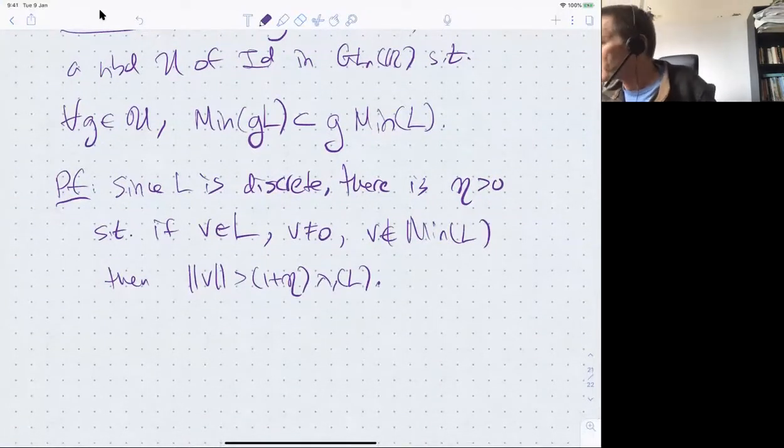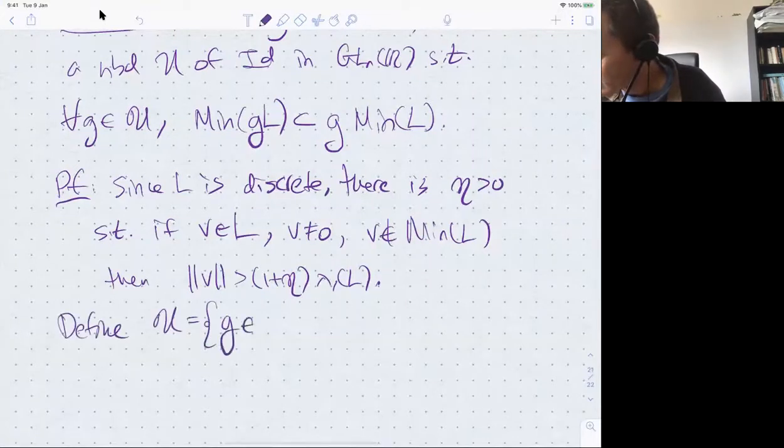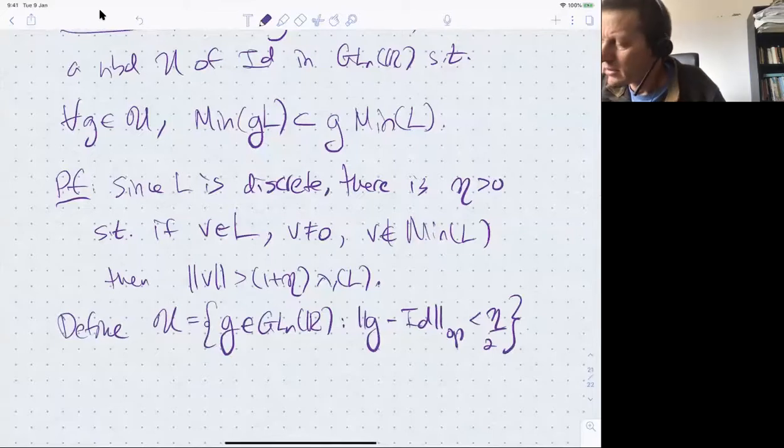So now let's define this neighborhood U such that its distance in the operator norm from the identity is less than eta over 2.